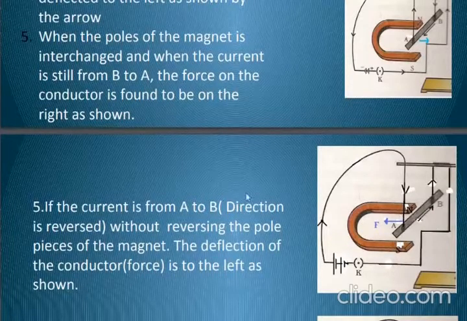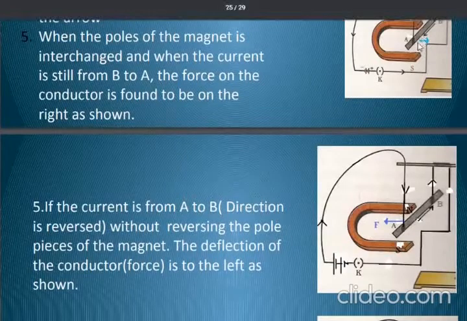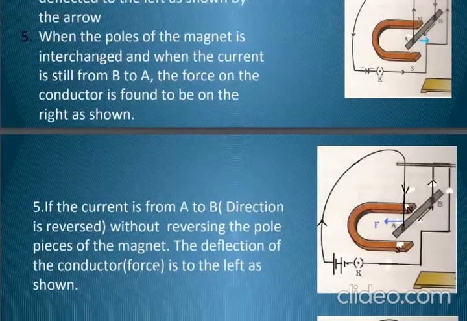So if current is now allowed to flow from A to B, that is the reverse of this situation, that is, the direction of current is reversed, without reversing the pole pieces of the magnet, then the deflection of the conductor is to the left as shown in the figure. If direction is changed, then the deflection of the conductor will be towards the left, because it is south pole and it is north pole, so it becomes towards left.